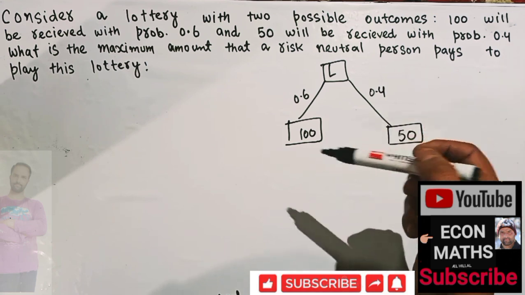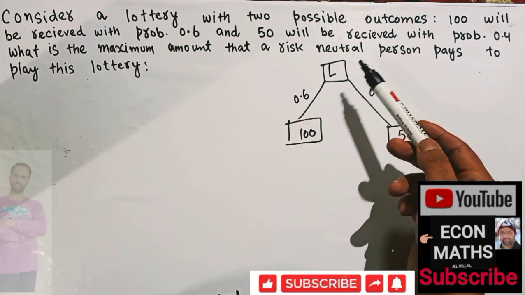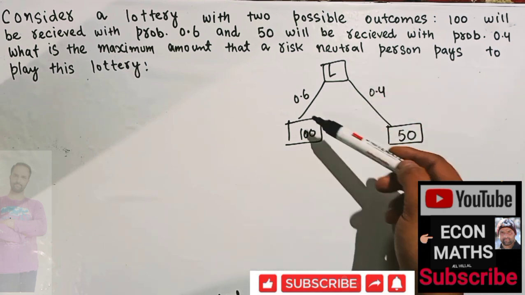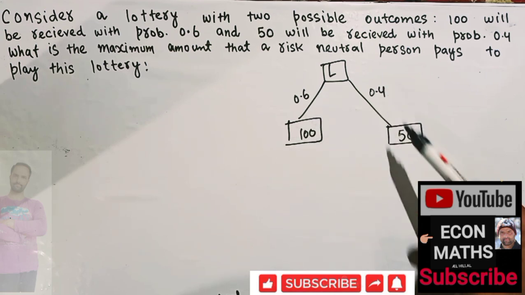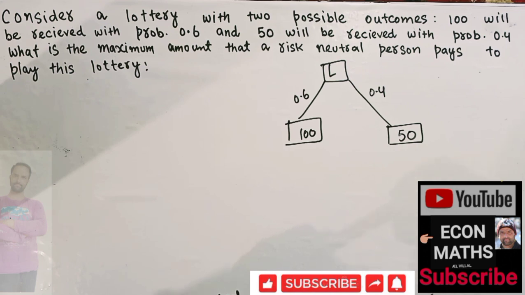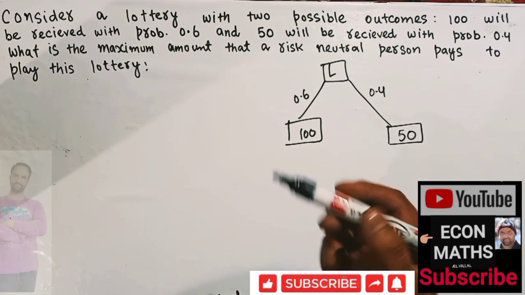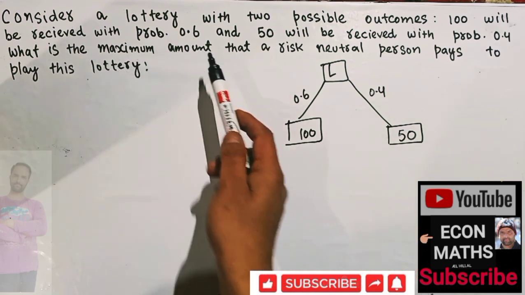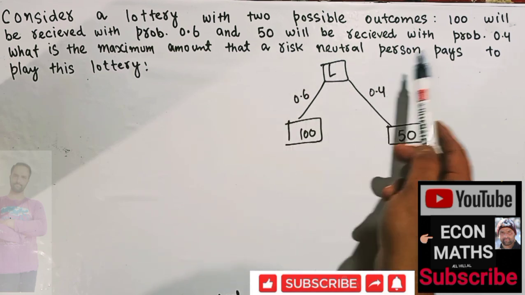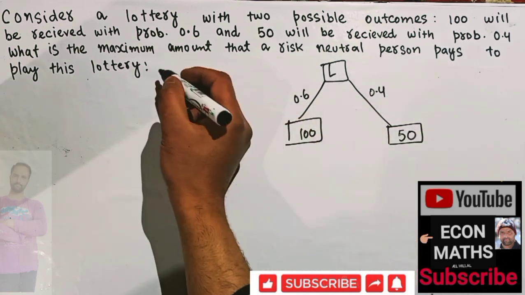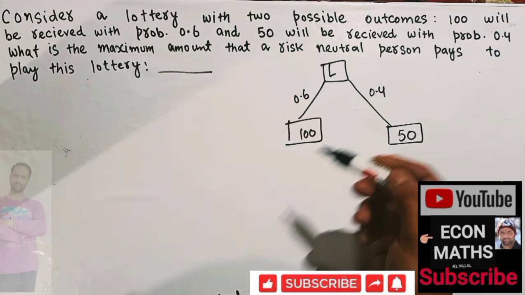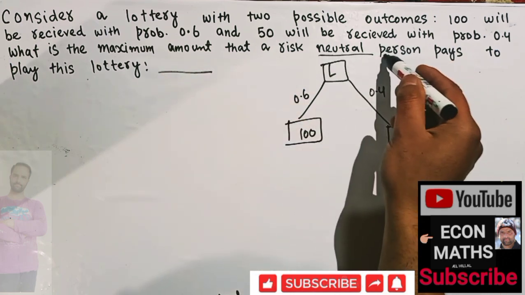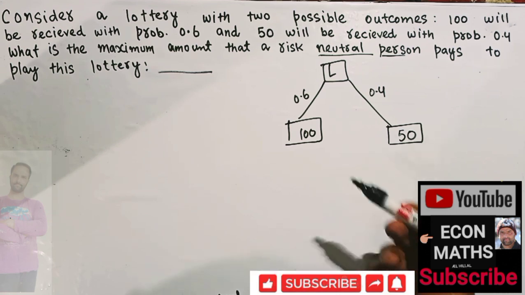So a person is being offered a lottery in which there is a 60% chance that he will win 100 rupees and 40% chances are that he will win 50 rupees. We are being told to find the maximum amount that a risk neutral person pays to play this lottery. How much money is this risk neutral person willing to pay to play this lottery?